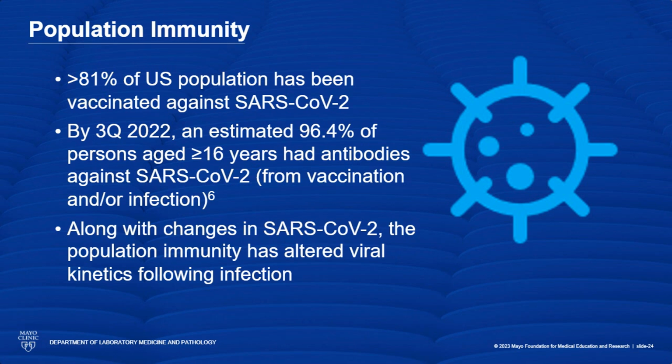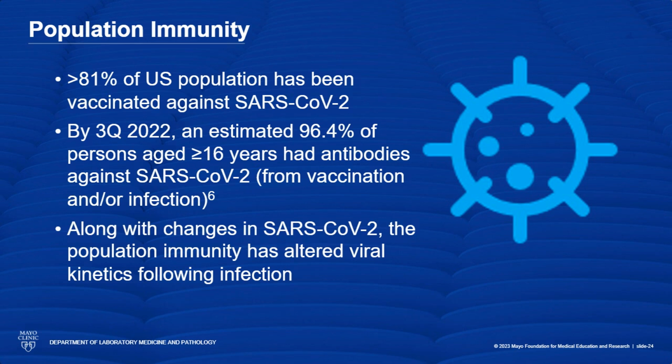And by the third quarter of last year, the CDC estimates that 96.4% of individuals who are greater than 16 years old have antibodies against SARS-CoV-2, and that's either from vaccination or infection. And so likely by this point in 2023, that number is approaching 100% of individuals having antibodies either from vaccination and or infection.